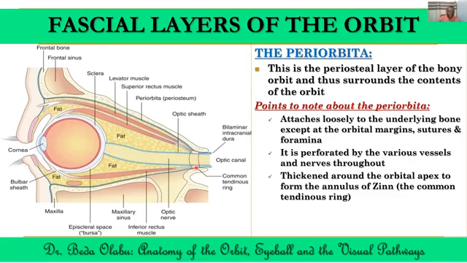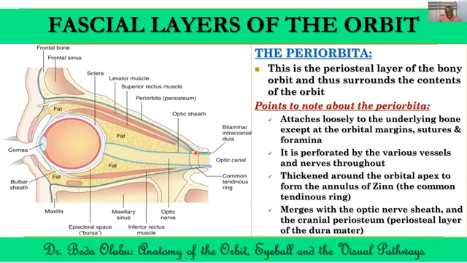That thickening is what constitutes the common tendinous ring, also known as the annulus of Zinn. So the common tendinous ring that we already talked about is actually a circular thickening of the periorbita around the orbital apex.